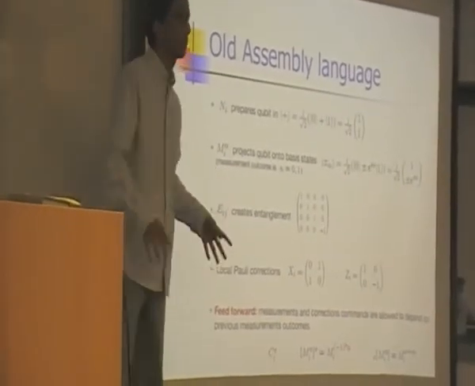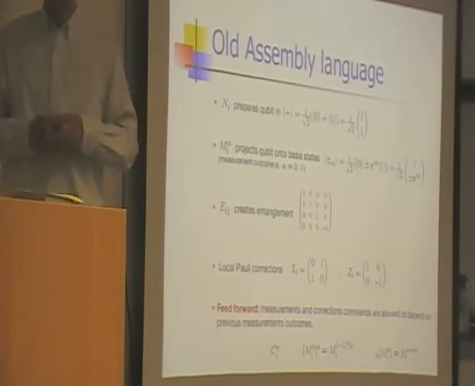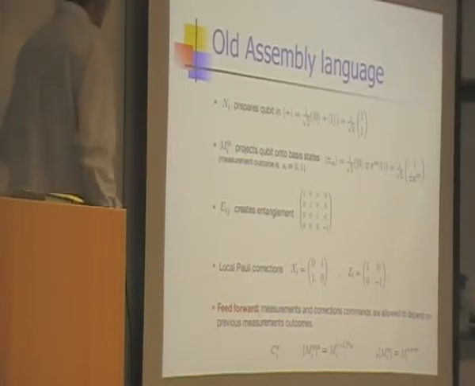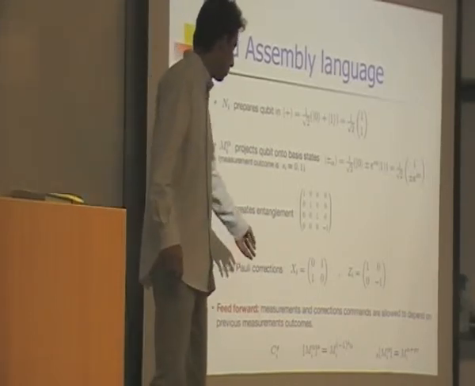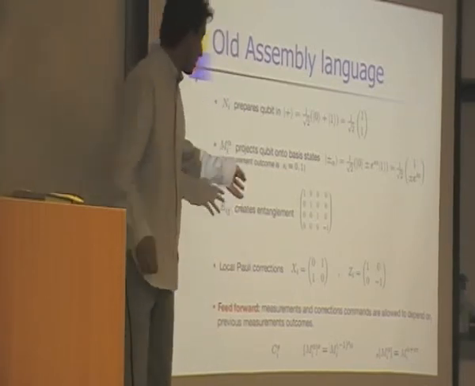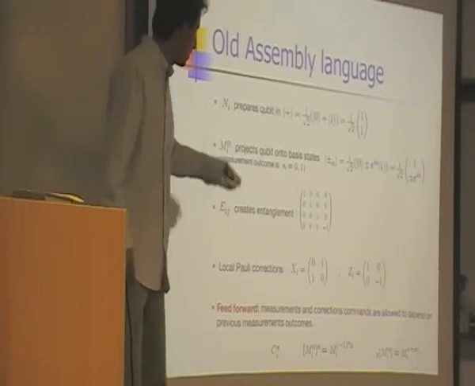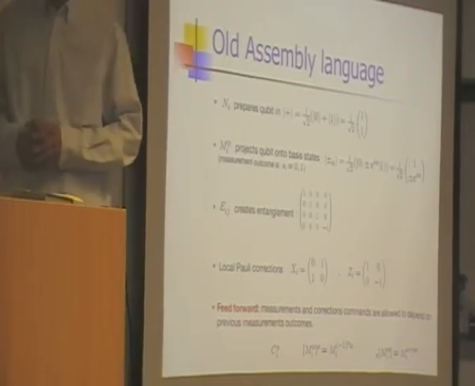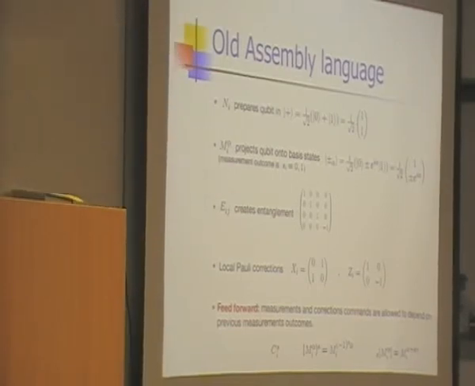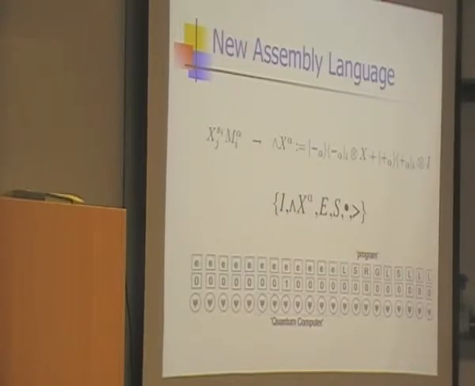The entangling operator is nothing but a controlled-Z operation, and the local corrections are Pauli corrections, and the measurements and corrections mainly depend on the previous outcome.